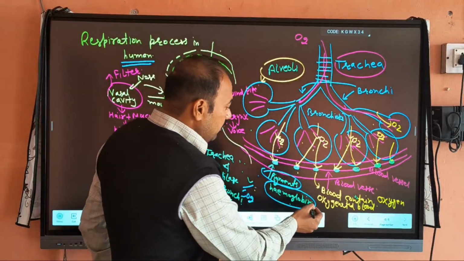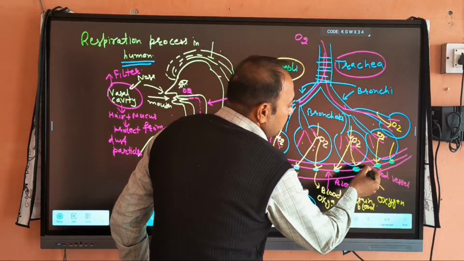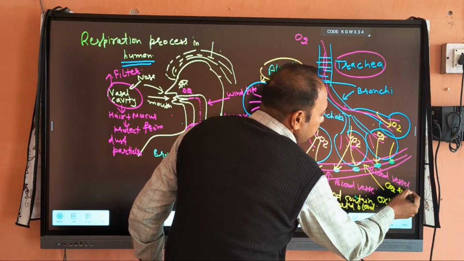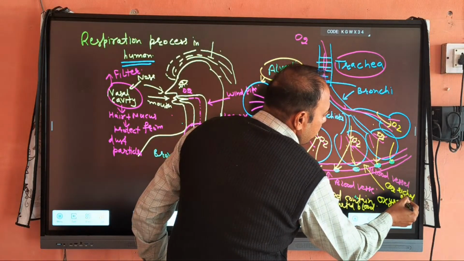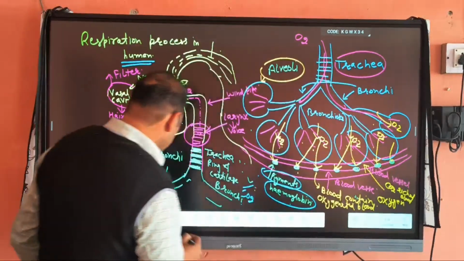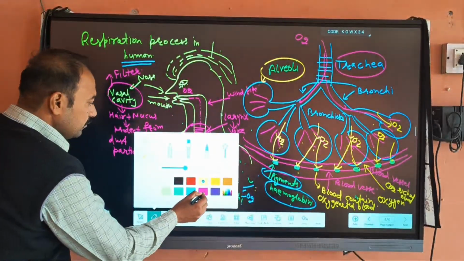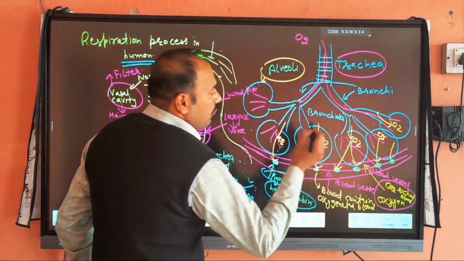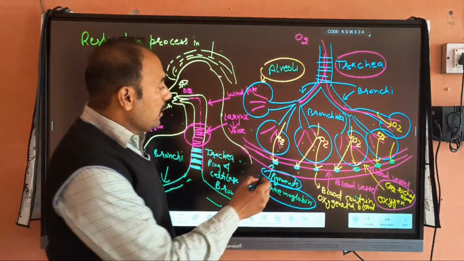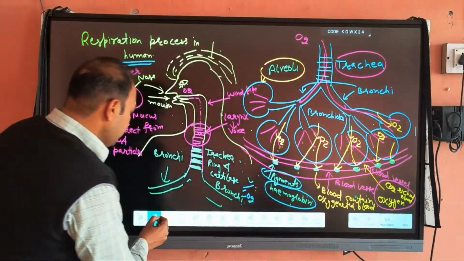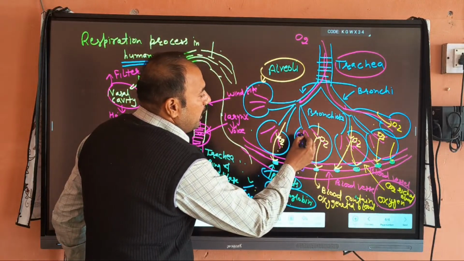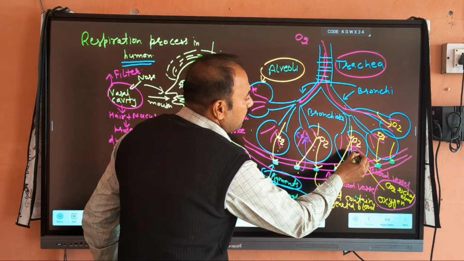So here CO2 rich blood comes in the blood vessels, and here what happens?